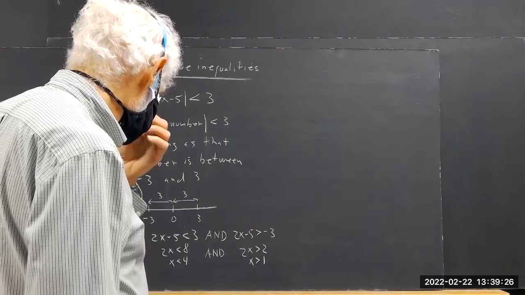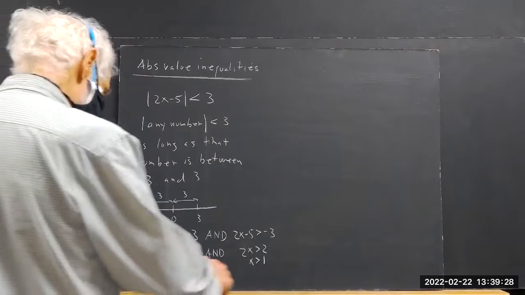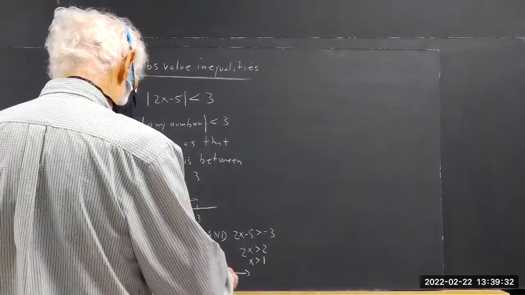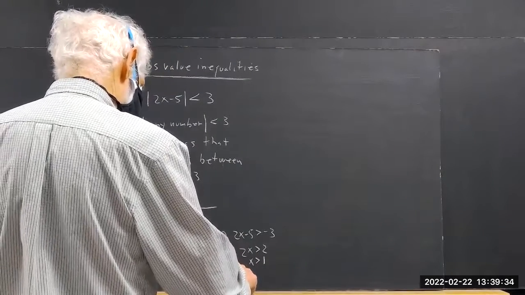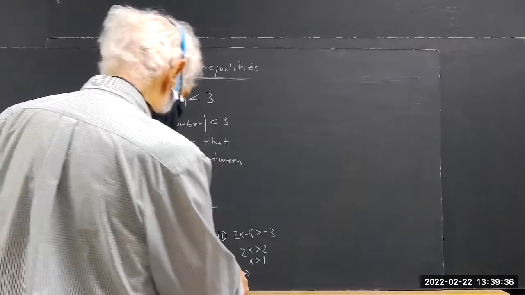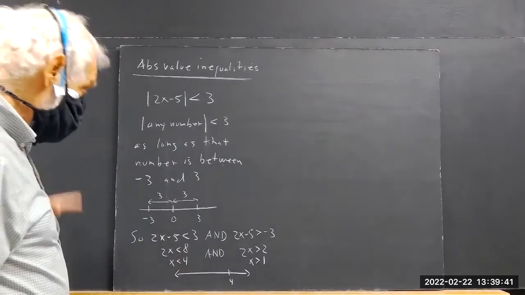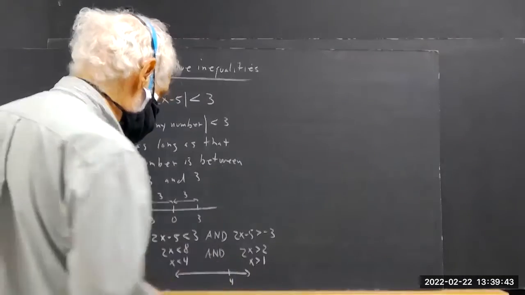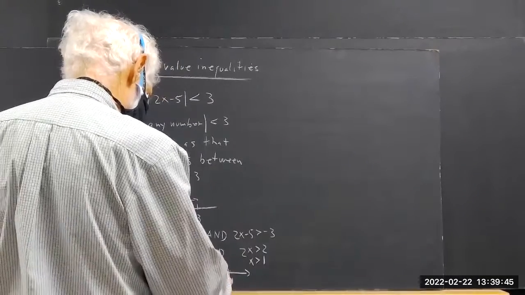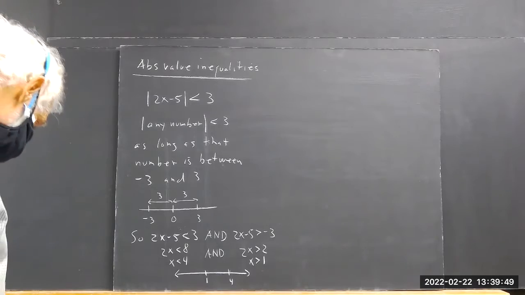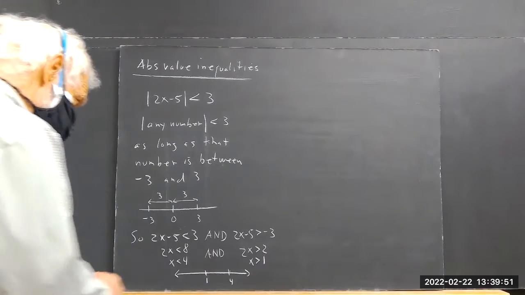So your solution is all the values that are less than 4, which would be all the values from here all the way to negative infinity, but also it has to be greater than 1. Okay. So here's your solution set.